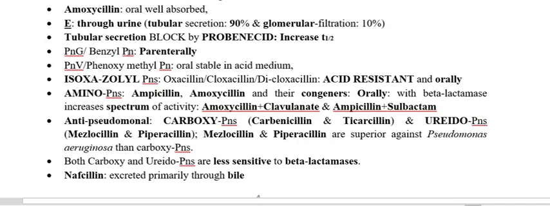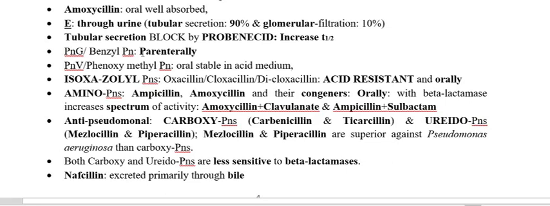Penicillin G is mainly used for parenteral administration. And when you are taking the penicillin G sodium salt or penicillin G potassium salt, the sodium and potassium salts of penicillin G are used not only for intramuscular but also for intravenous use.